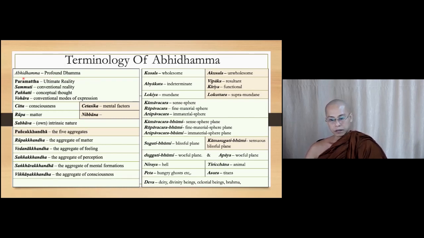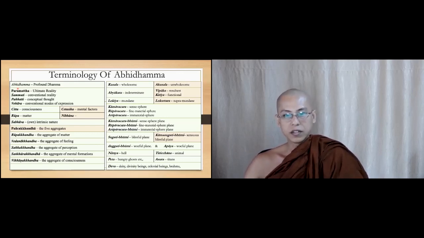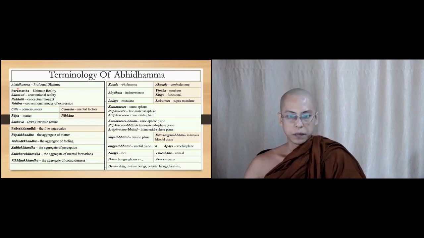Our Abhidhamma scholar, Venerable U Silananda, said he was not satisfied with translating chitta as the word consciousness, but he could not find any other suitable word to replace it. That's why he still used consciousness. But if you understand the Pali directly, what does chitta mean?